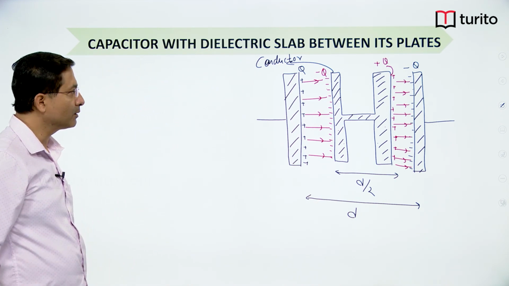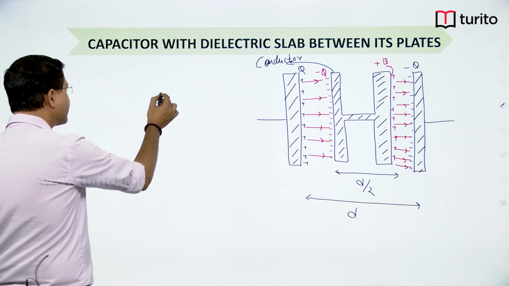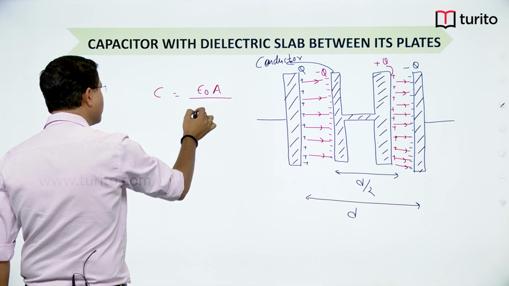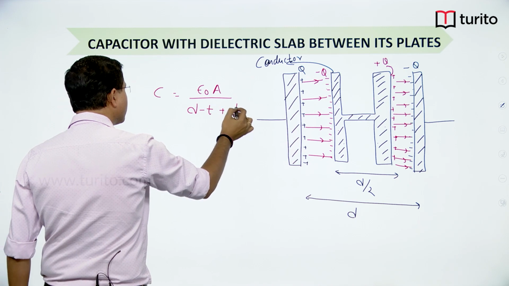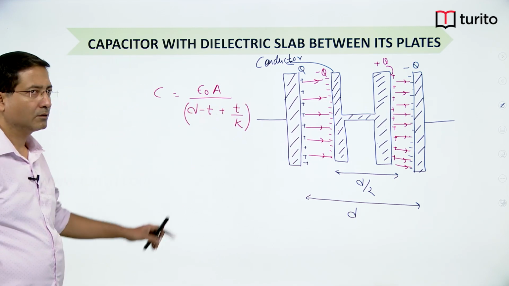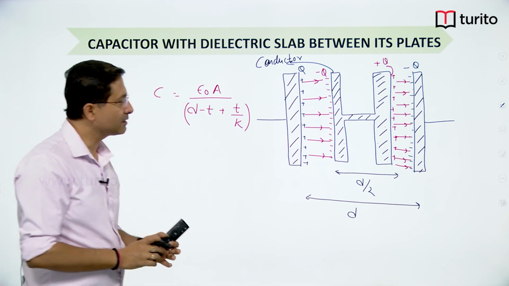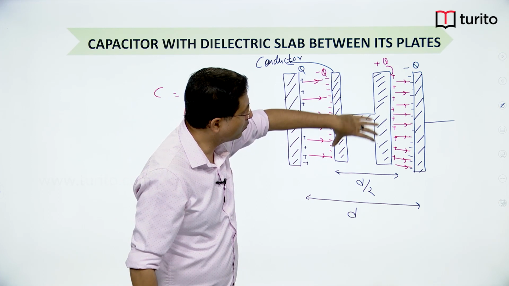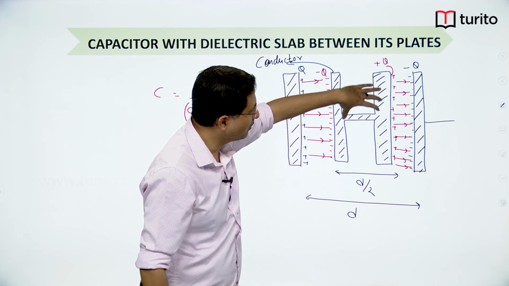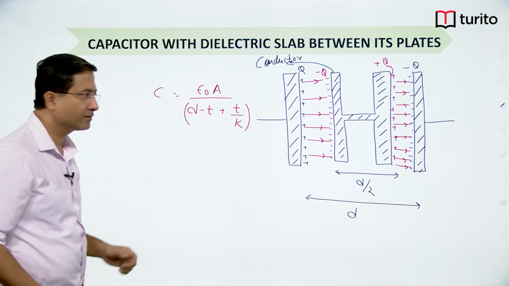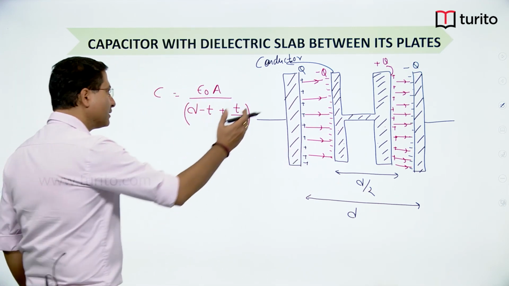Now, how to use the formula? As I can see, this space is not being utilized. I can consider this whole thing as a single slab of thickness d by 2. I can substitute d by 2 here, because everywhere the field is 0.